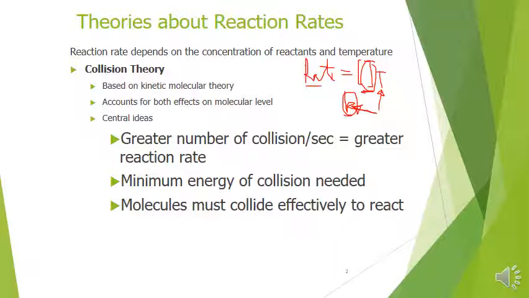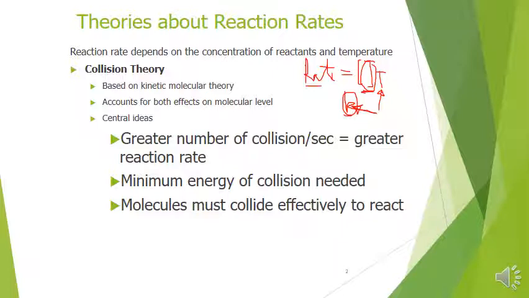We related that when we talked about gases. The central idea is the greater the number of collisions per second, the greater the reaction rate. That would make sense, it's just more available for a reaction to take place.